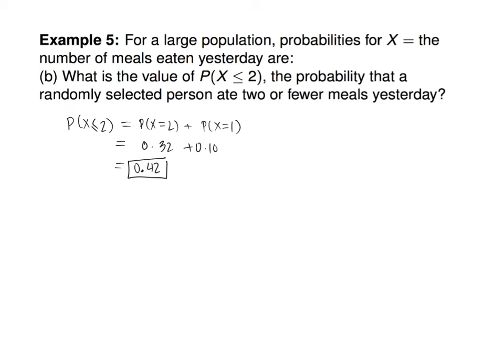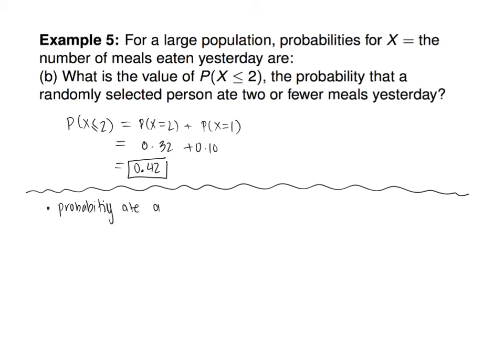Just some random vocabulary before we move on, because it's good to be able to translate words into inequalities. If the question asked, what was the probability you ate at least 2 meals yesterday, what that means is that 2 meals is the smallest you ate.